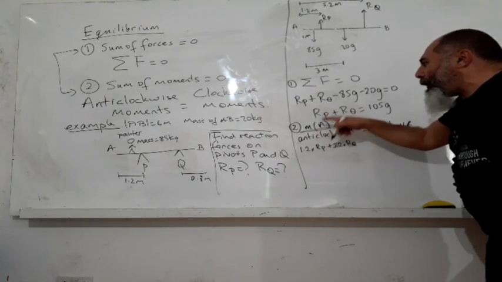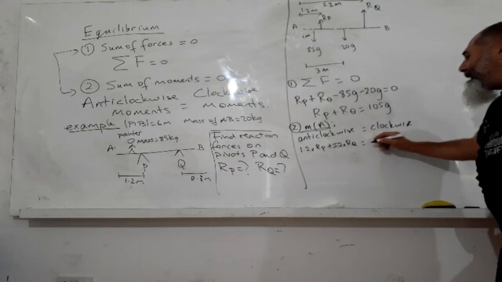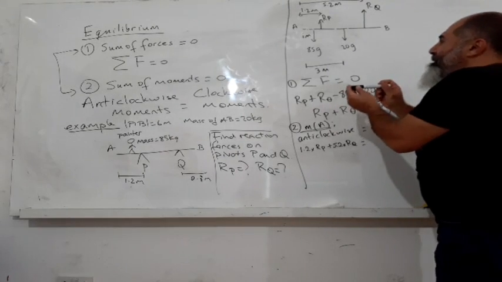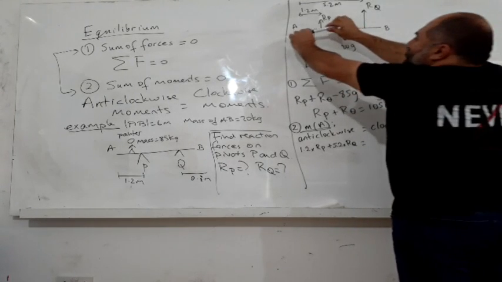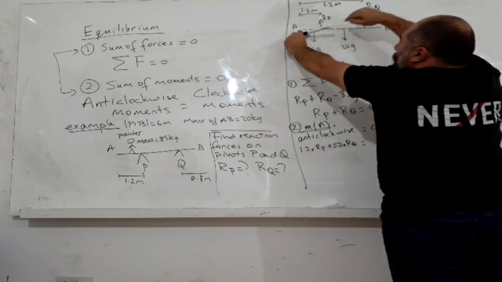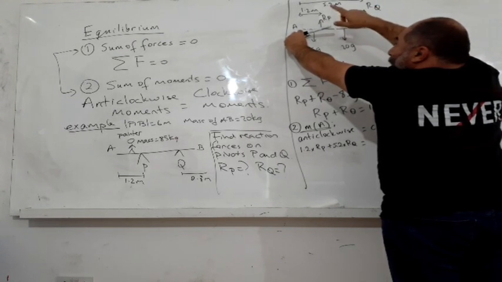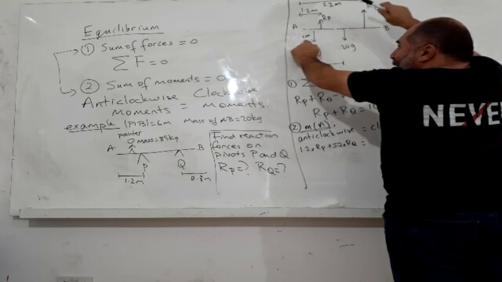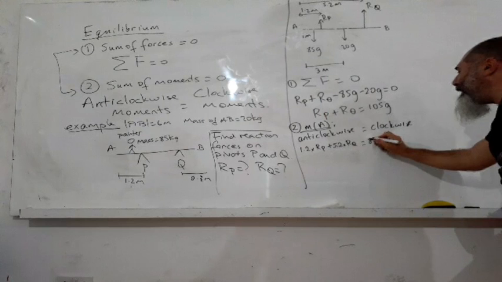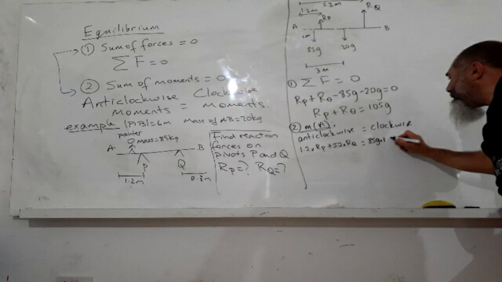And for clockwise moments, if A is the pivot, 85G, the weight of the painter pushes downwards, which makes the rod try to turn in clockwise direction, and distance is 1 meter. So it is going to be 85G times 1. And we have another force here, 20G, which tries to turn the rod in the clockwise direction as well.